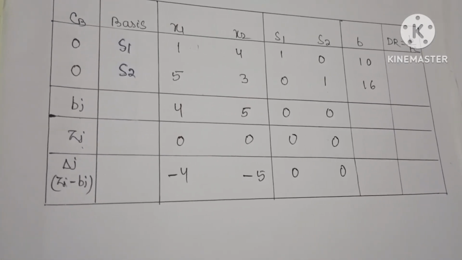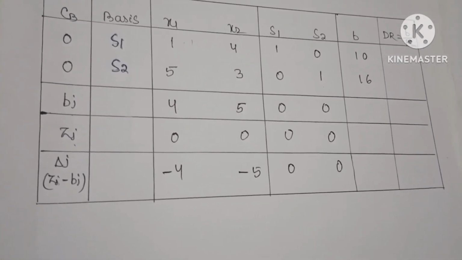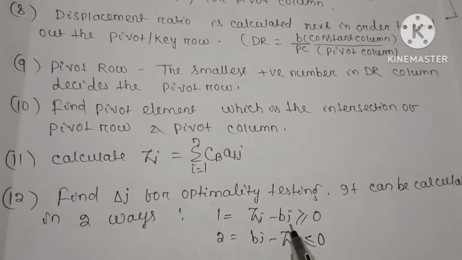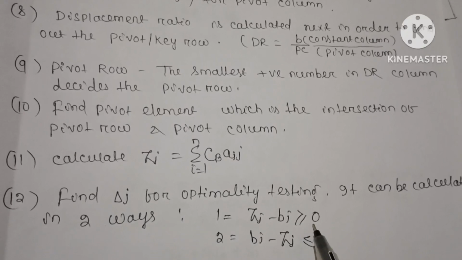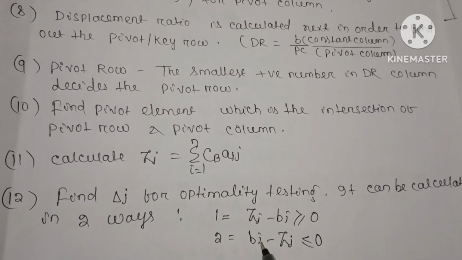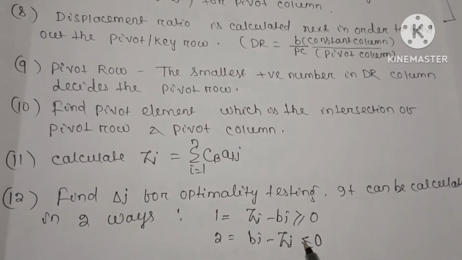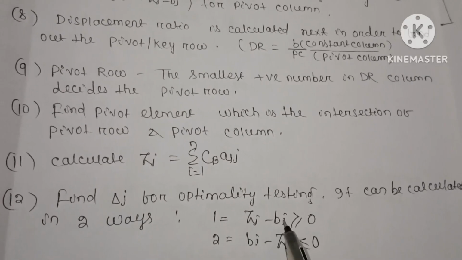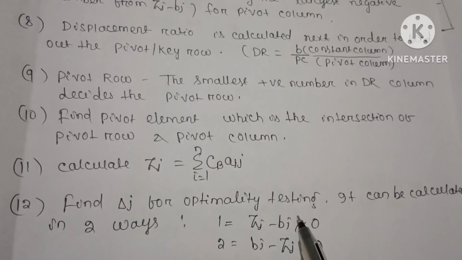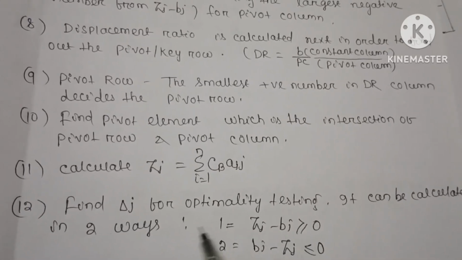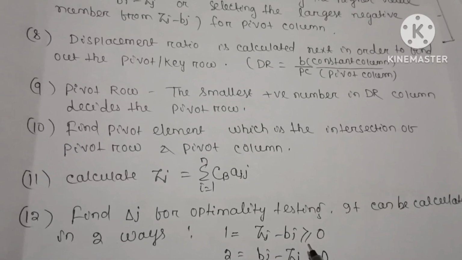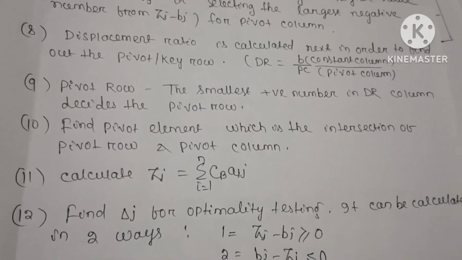Let's check what the condition for optimality is. The condition is all zj minus bj should be greater than or equal to 0, or if you are calculating bj minus zj, it should be less than or equal to 0. As we are calculating zj minus bj, all the elements in delta j should be greater than or equal to 0.